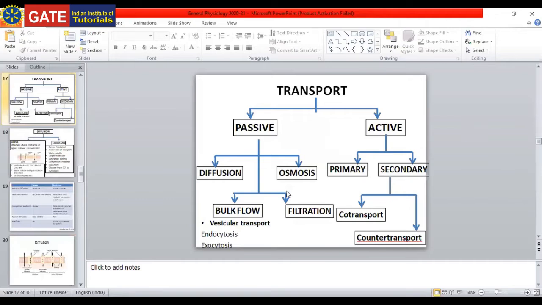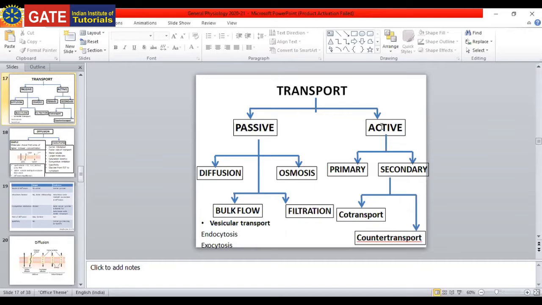Now, coming to the different types of transport, there is passive and active. What's the basic difference between active and passive? Active needs energy, whereas passive does not require energy. The major passive transport is diffusion and osmosis, and also water flow we call passive transport.